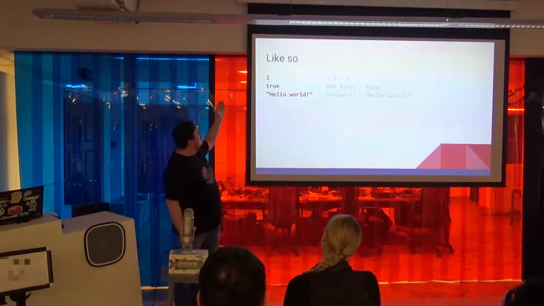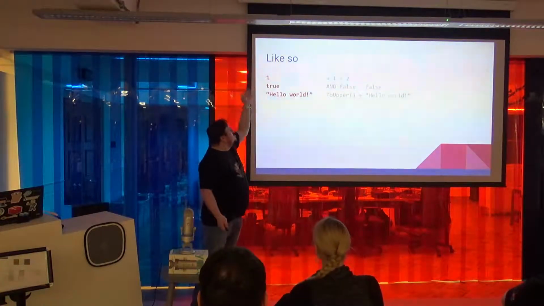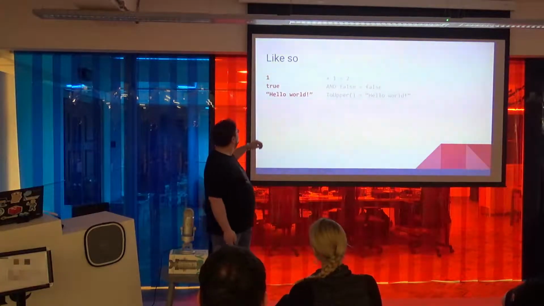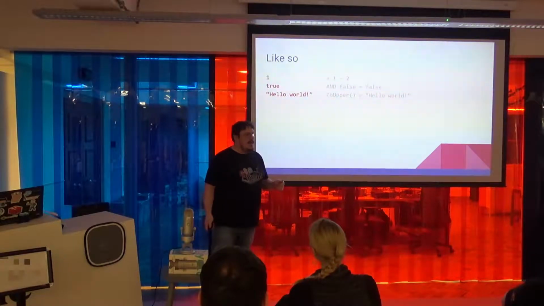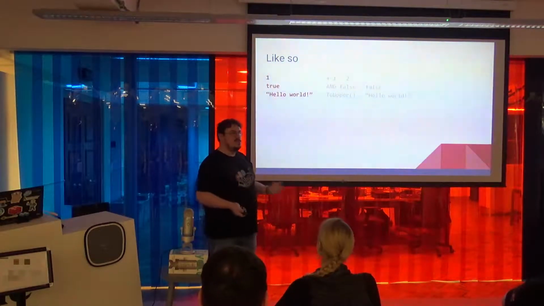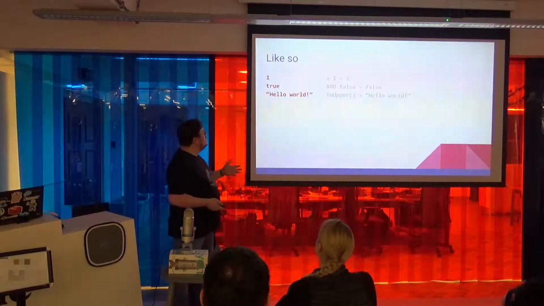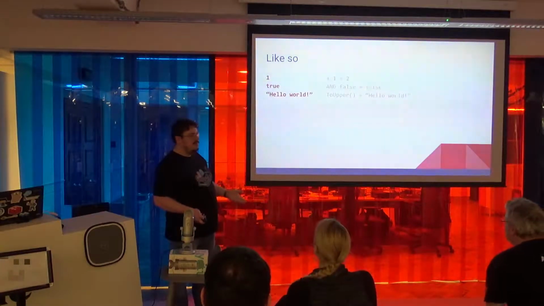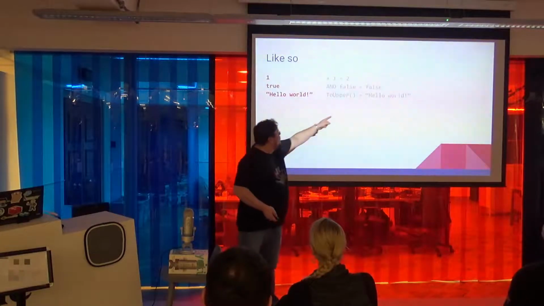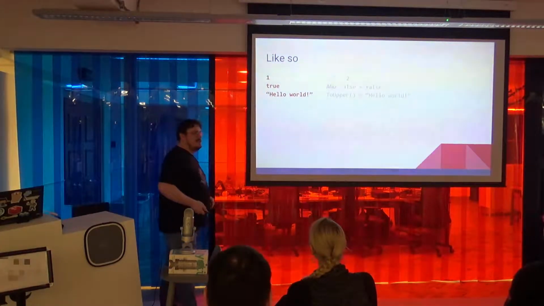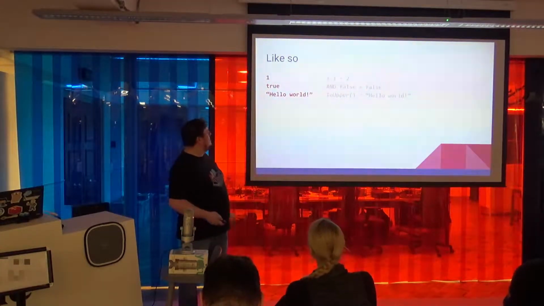Through applying a function of addition of 1 to this integer, we've got another integer. Similarly here, booleans: we've done logical AND, and that has mapped it to another boolean. And hello world, I'm applying the ToUpper from, say, C# there, and I have screwed up that one as well. ToUpper and, yeah, compiler's broken.